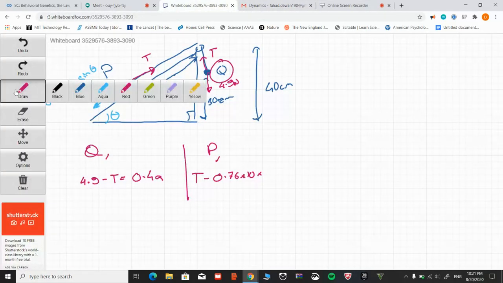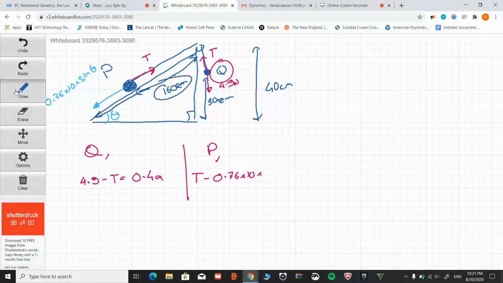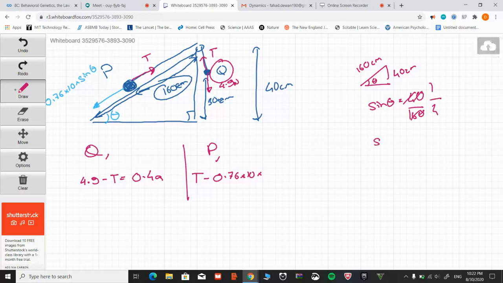The good thing is they have given me the dimensions of the triangle. So my triangle here is 160 centimeter hypotenuse and 40 centimeters opposite. So sine theta, according to the trigonometry of this triangle, should be opposite by hypotenuse. So sine theta is nothing but 1 by 4.